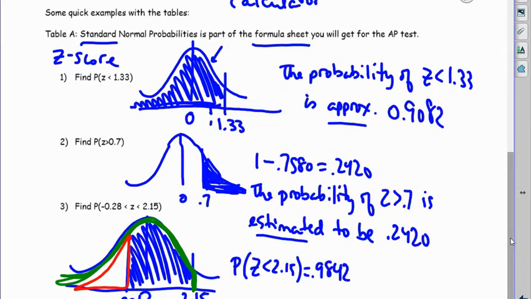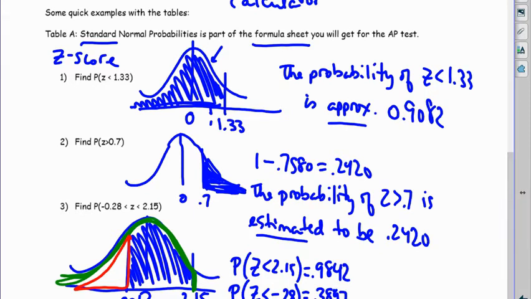I get 0.9842. And if I go to the table and I find the probability, I have to go to the first table for this one to get the z being lower than a negative 0.28, I get 0.3897. So when I subtract these two numbers, I get the probability that I'm between.